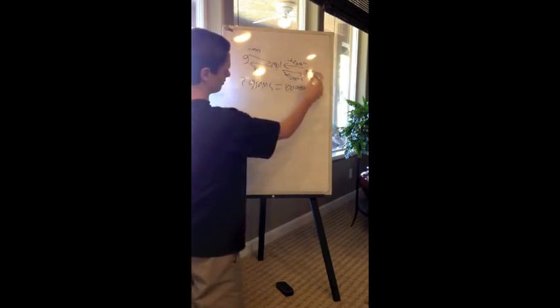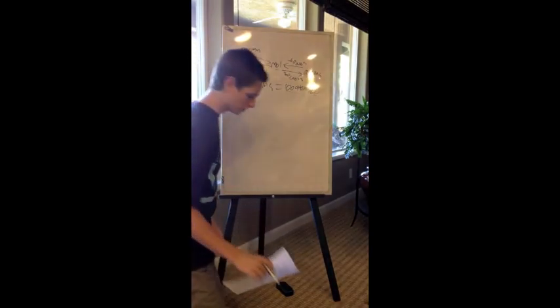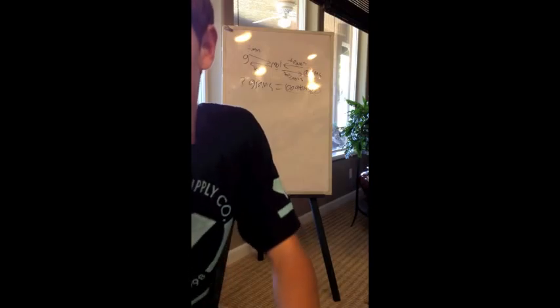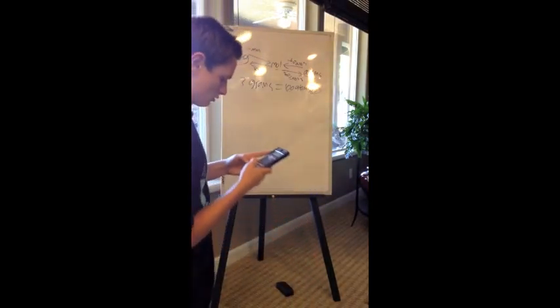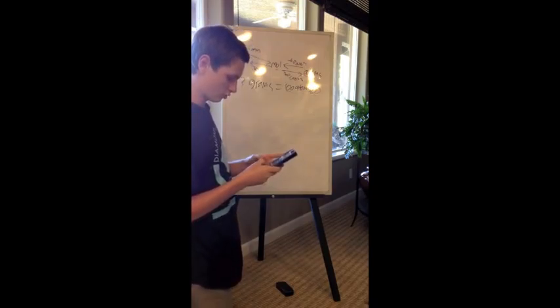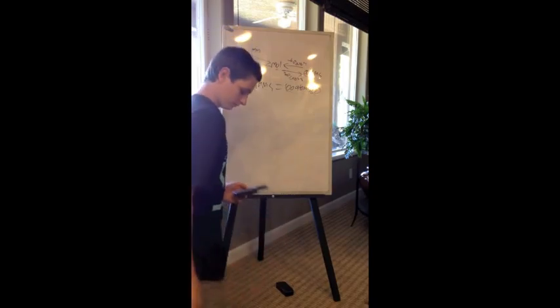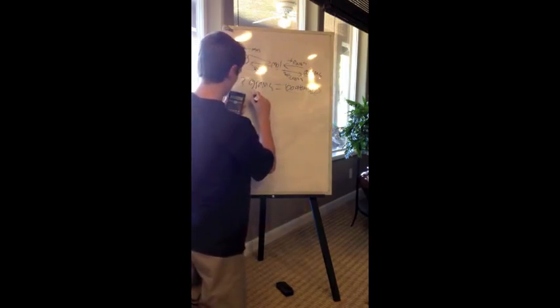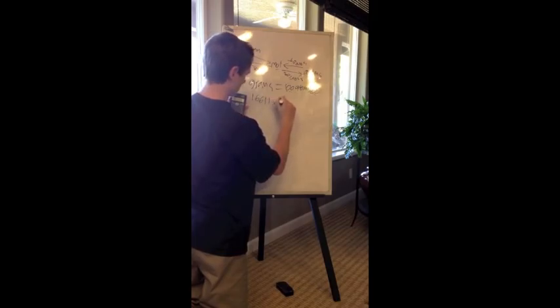Atoms, 100 divided by 6.02 times 10 to the 23rd. Let me grab my calculator. 100 divided by 6.02 exponent 23rd. This gives me 1.6611 times 10 to the negative 22nd.